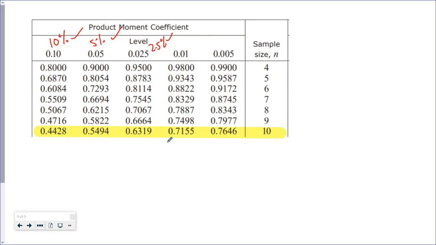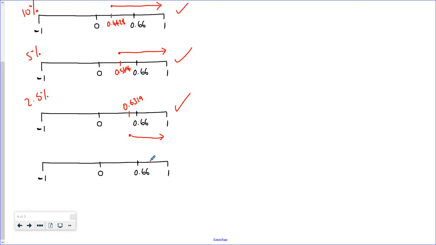Let's try 1%. The critical value is 0.7155. So my critical region would be that the sample correlation coefficient would have to be closer to 1 than 0.7155.